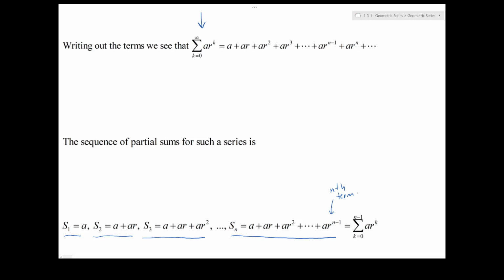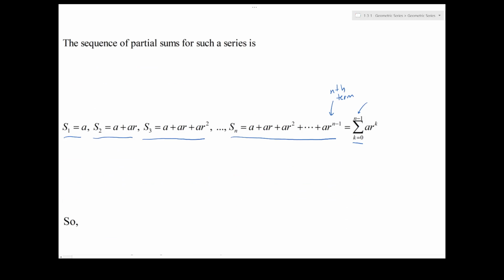So hence, what is that? It's the same as adding up all the terms from 0 as an index to n minus 1. That's the nth partial sum. If we could take the limit of that as n goes to infinity, we could figure out what the value of the series is. That's the goal.